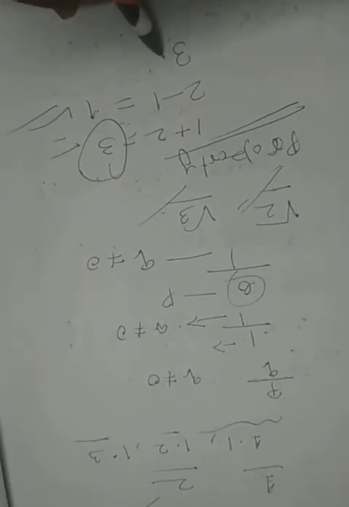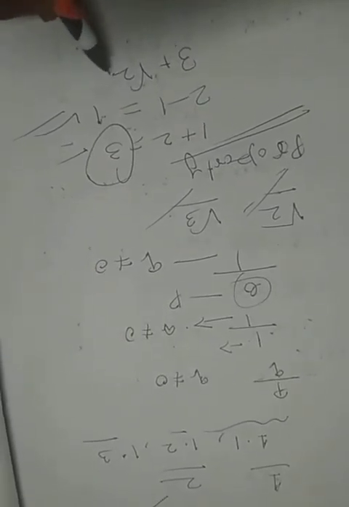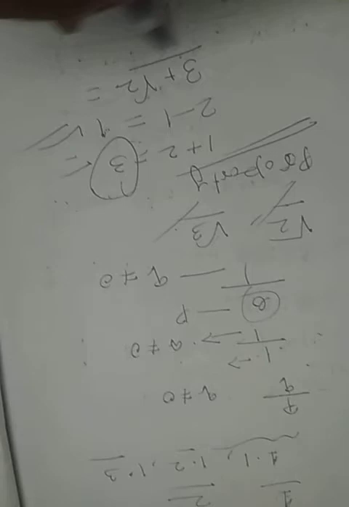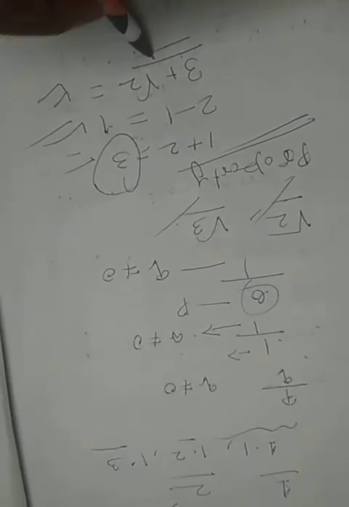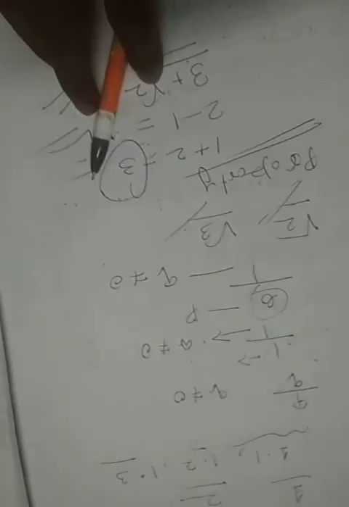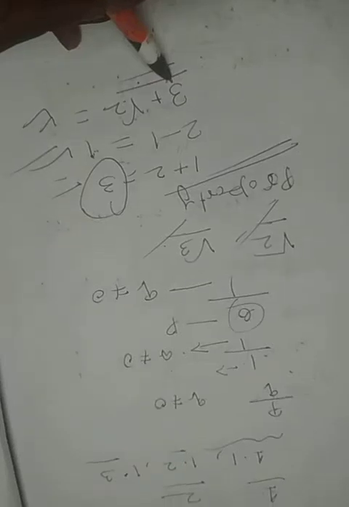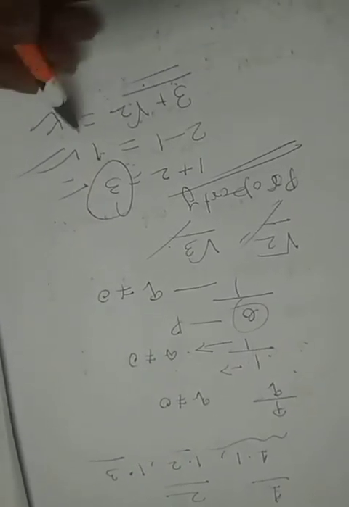But if you add one rational number with an irrational number, you will not get any definite result. So that is an irrational number. You have to remember, if you add any irrational number and rational number, the resultant is an irrational number.